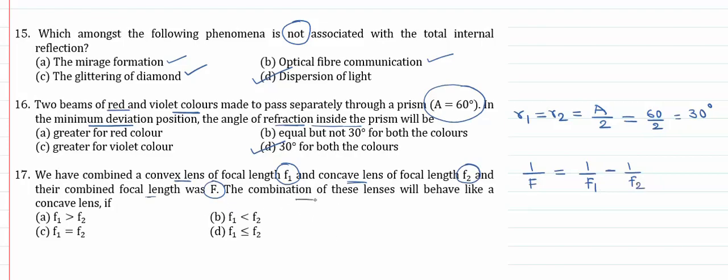The combination behaves like a concave lens, so capital F must be negative. For that, 1 by f1 should be less than 1 by f2.